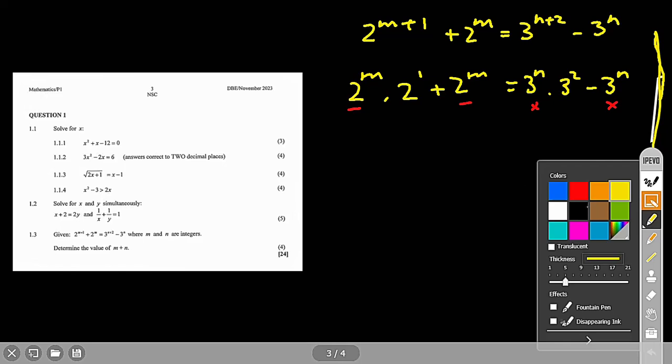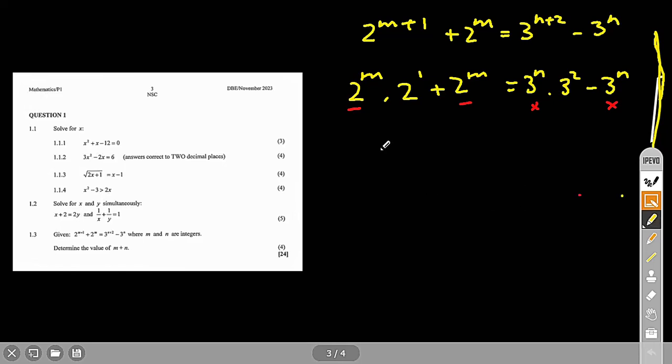Okay, let's do it now. If you take out 2m, you'll be left with 2 plus 1. When you take out 2m, the only thing that will be left is 1 equals to. If you take out 3n, you'll be left with 3 raised to 2, it's 9.